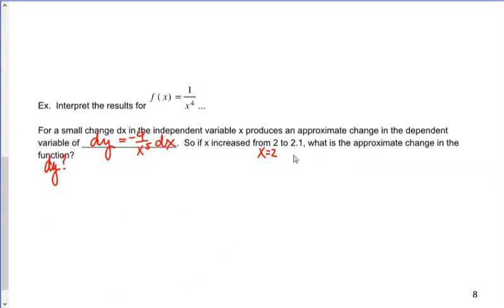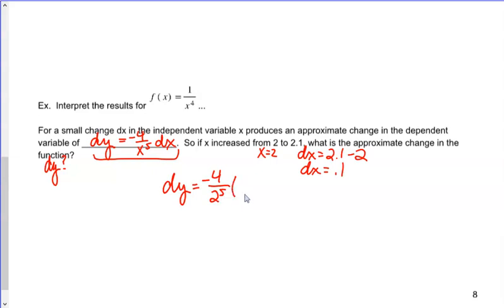Now here, dx is the change in x. So dx is going to be defined by taking 2.1 minus 2, just like when I did the delta x. So dx is equal to 0.1. And now I'm looking for this piece for that specific function. dy is equal to negative 4 over, now what was x? x was 2 to the 5th power, and multiply that by my 0.1.